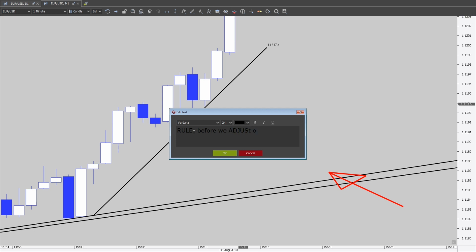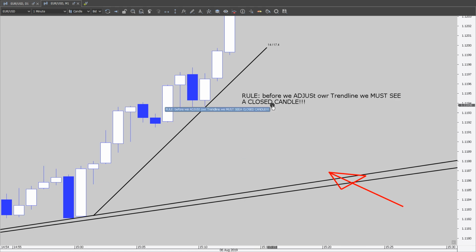Rule. Before we adjust our trend line, we must see a closed candle. This is a rule, everybody, a non-negotiable rule.